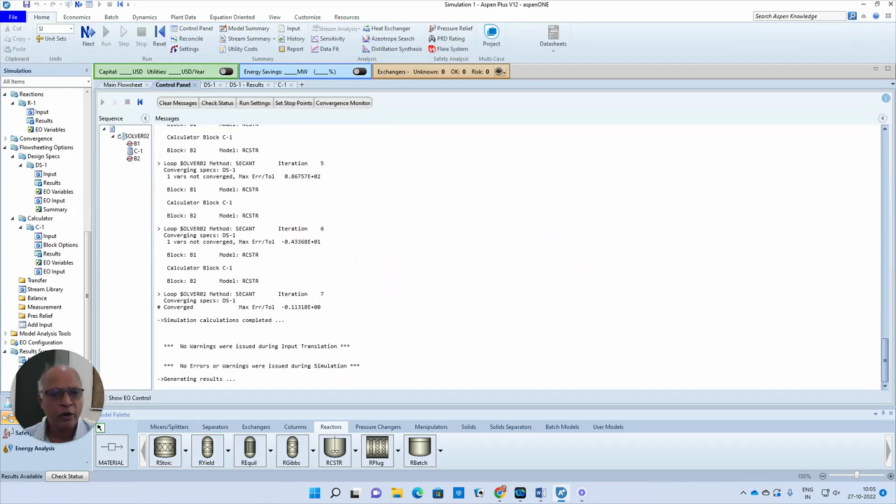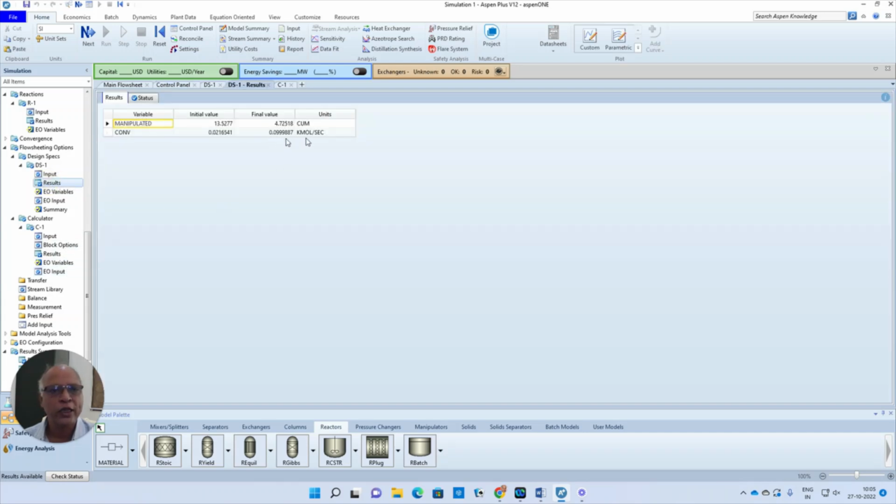So again, within 7 iterations, we were able to get to the convergent solution. Let us look at the results. So as you can see, we were able to get a total conversion of 90%, or the flow rate of ethane in the exit is again 0.01, sorry, 0.1. And what is the volume of the first reactor? 4.72.